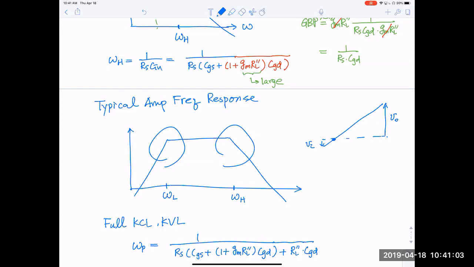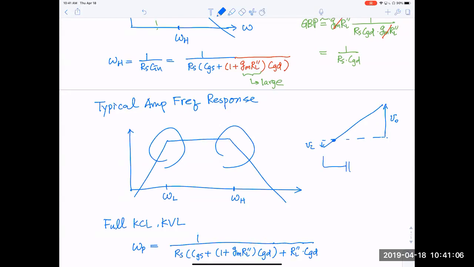But if you're charging a capacitor between these two nodes, what is the total voltage you need to charge the capacitor? The total voltage is actually not VI, not VO, but the sum of VI and VO. So you are charging the capacitor with this big voltage. Therefore, the larger the gain, the larger the voltage, which means you need more charge to reside on that capacitor. That capacitor becomes effectively larger.